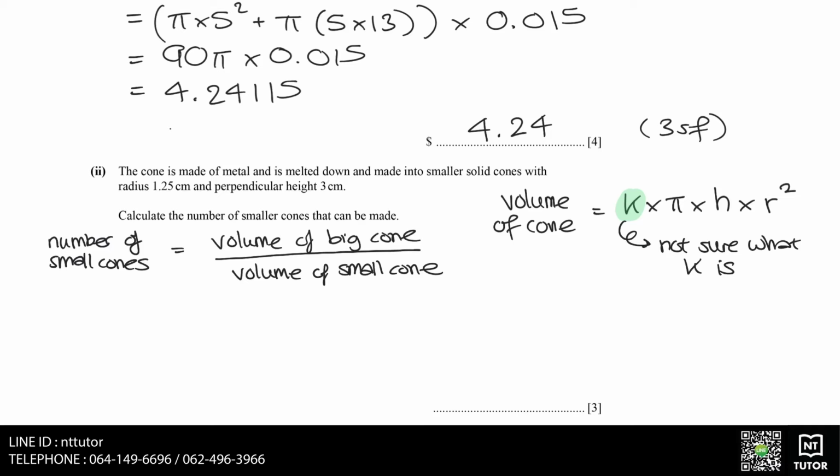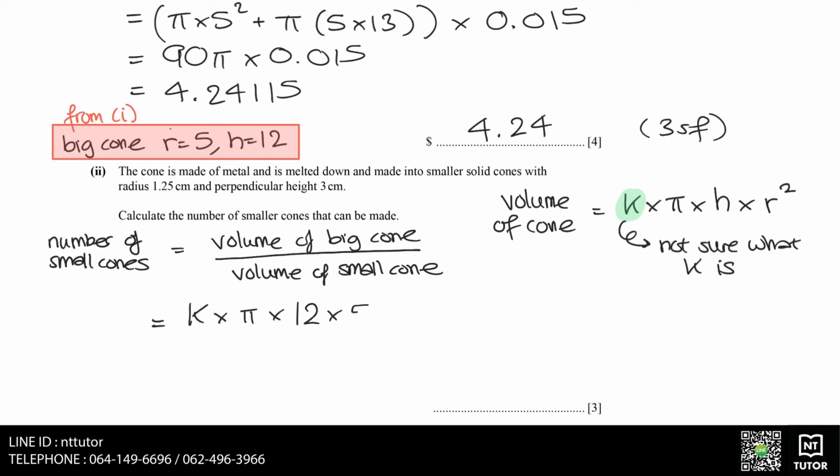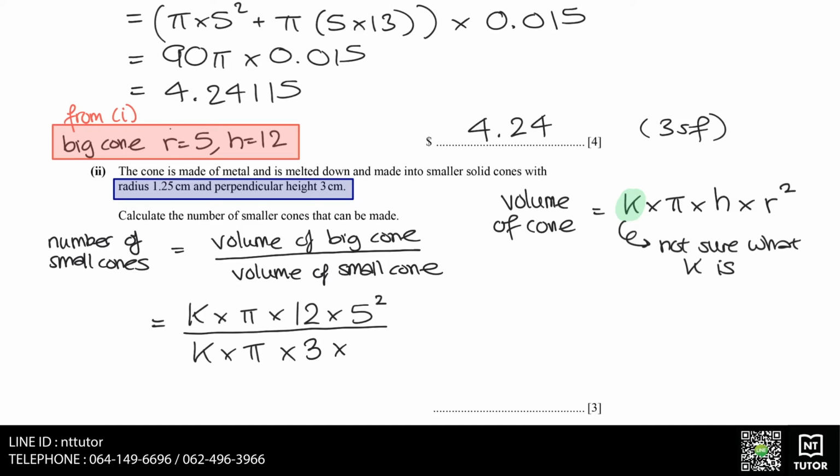So if we use this formula to calculate the volume of the cones in the question, the volume of the big cone would be k times pi times 12 times 5 squared, and the volume of the small cone would be k times pi times 3 times 1.25 squared.